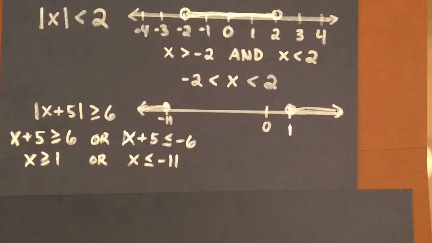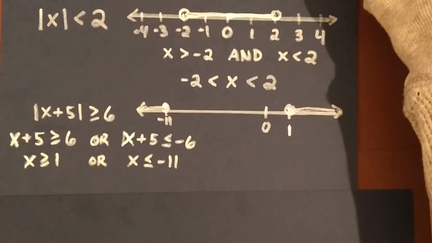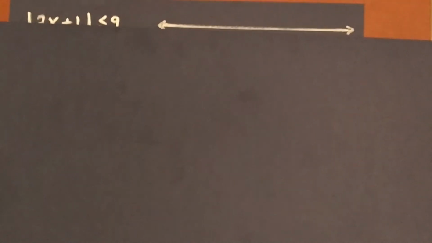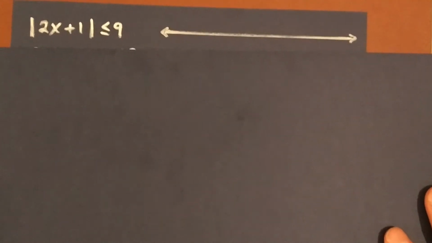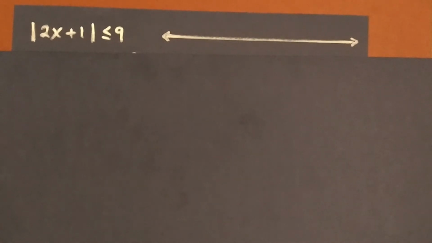And now let's do one with a less than or equal to inequality. So let's try this one. The absolute value of 2x plus 1 is less than or equal to 9.